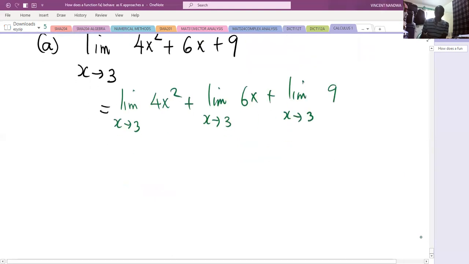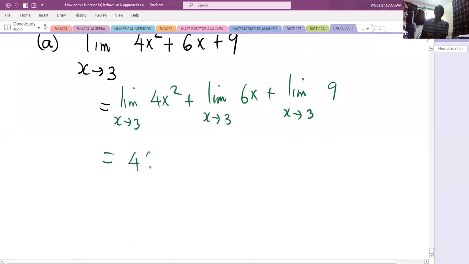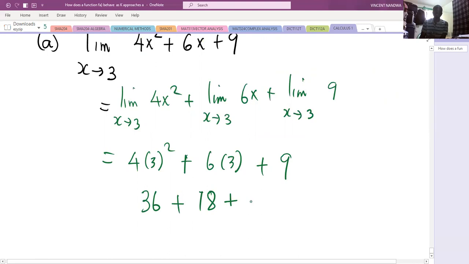Then by direct substitution this gives us 4 times 3 squared plus 6 times 3 plus 9. 4 times 3 squared is 36, plus 18, plus 9, which gives you 63. Therefore the limit of this function is 63.